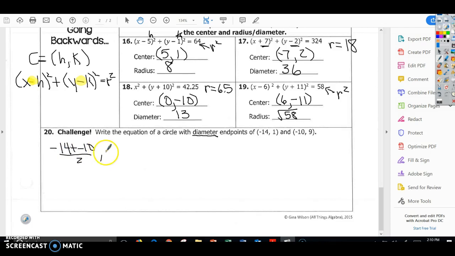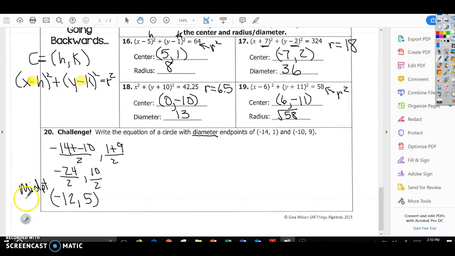You're also going to take your y's, add those up, and divide them by 2. So that would be negative 24 over 2, and 10 over 2, or negative 12 and 5. So this is the midpoint.